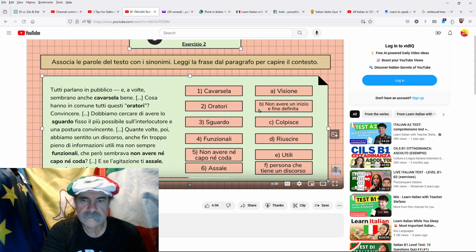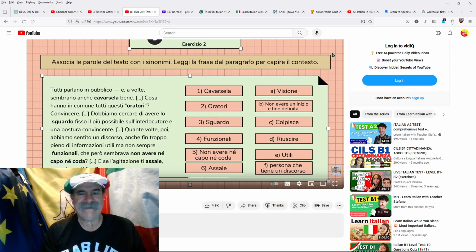So this B says non avere un inizio e fine definita. That means you don't have a definite or a coherent beginning and end, right? So is that Caversella?